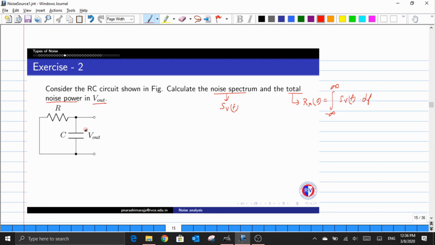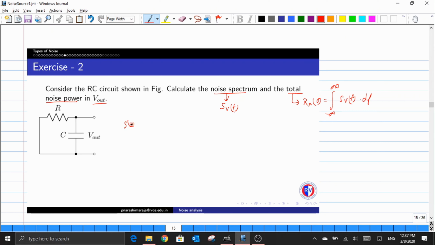Now we have two components, a resistor and a capacitor, but among these two components, if we assume that the capacitor is an ideal storage element, then the noise will only be contributed from the resistive network. So now let us try to evaluate the noise contributed by this network, following the set of procedures that I have listed before.